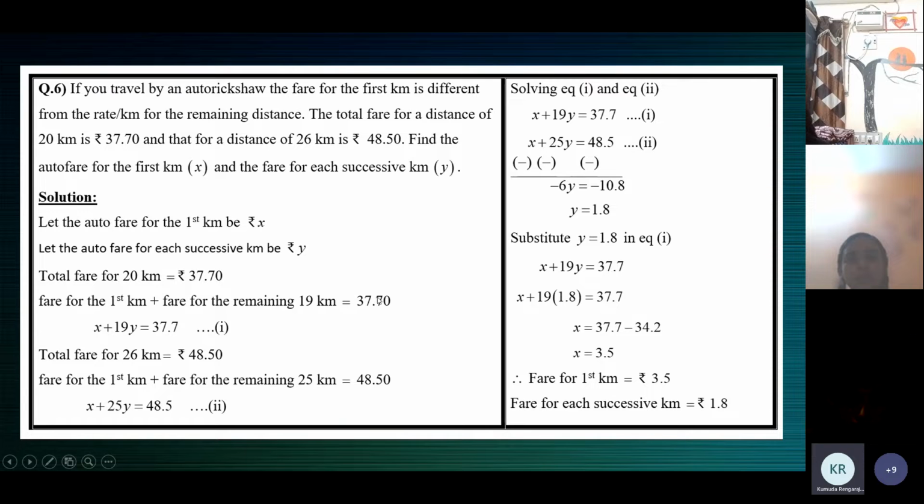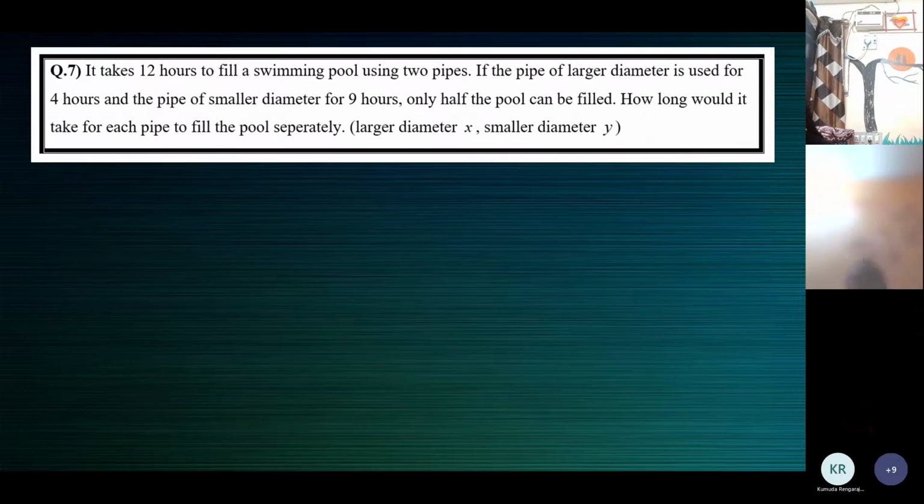Once you construct the equations, solving part, you know. All right.